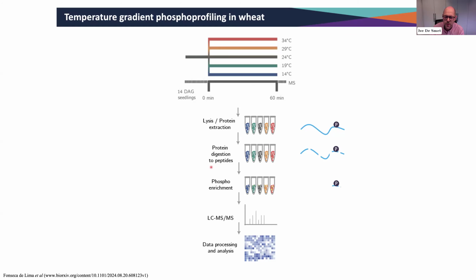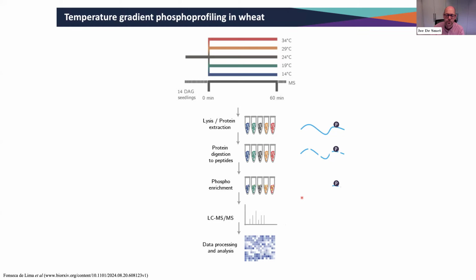We then digest these proteins into individual fragments, so we break up the protein into small fragments, which we can then analyze using the mass spectrometer. And in addition, to specifically focus on the phosphorylated residues, we do an enrichment for only those fragments where we can see phosphorylation. And then we subject these to LC-MS/MS to identify the amount and the identity of these specific phosphorylated peptides.